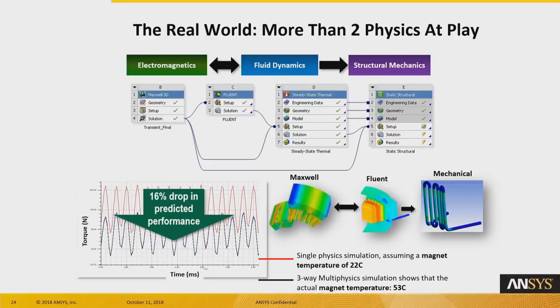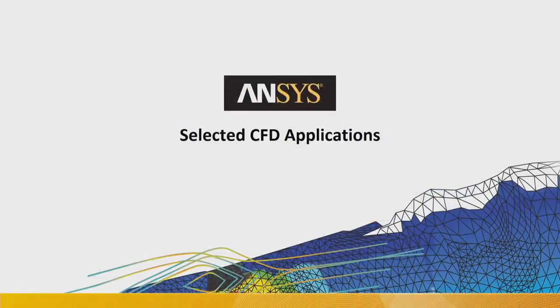We need to cool this motor in order to make sure that the temperature in the coils, which are sensitive, will remain at the design value. And we also need to use mechanical in order to find the amount of thermal stress and other dynamic stresses and how they change in time in order to predict the behavior of this electric motor. So that is an example of how CFD can be used coupled with other physical solvers in order to give us a good picture of what's going on in the device of interest.